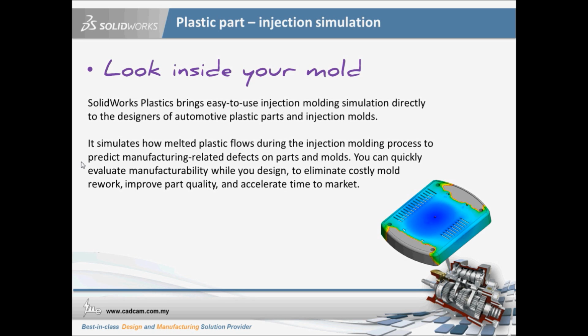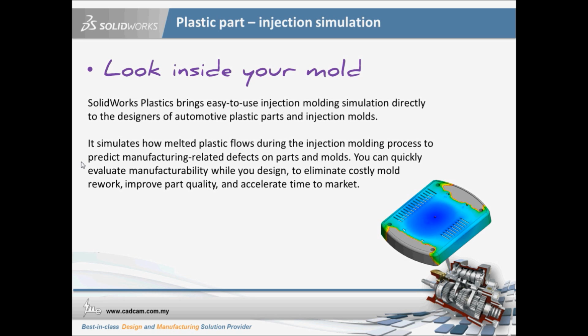So let's say when I design a casing, I want to make sure that the surface of the casing does not have a weld line, or doesn't show any shrinkage, and what the maximum warpage of the design would be, so that it works under the conditions that we want, while at the same time maintaining the product quality. So plastic simulation gives us this insight.